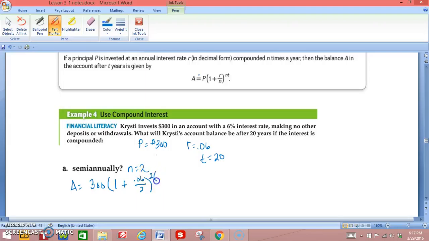N is 2, T is 20. Okay, so if you plug that into your calculator, you would get $978.61.